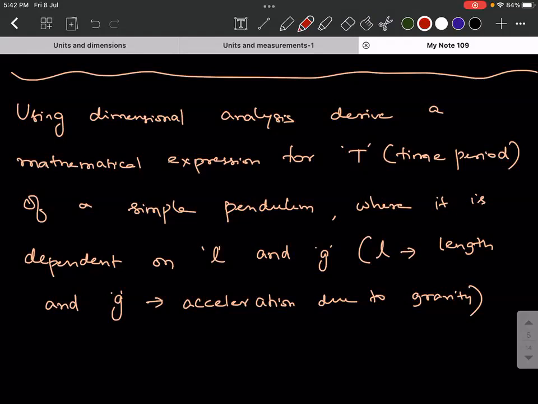So T is directly proportional to L power a. We already got the value. T is directly proportional to L power a. That's right.